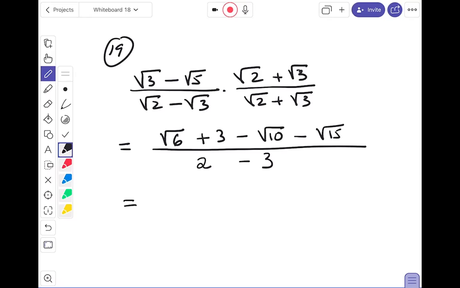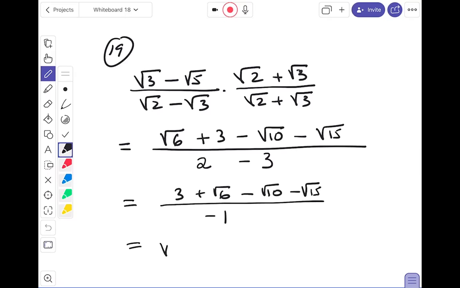Well, it looks pretty nasty, but I hope you realize the bottom's just minus 1. The top is 3 plus root 6 minus root 10 minus root 15. Here's my problem. I've got to divide through by minus 1. Let's go through it. Root 15 plus root 10 minus root 6 minus 3.